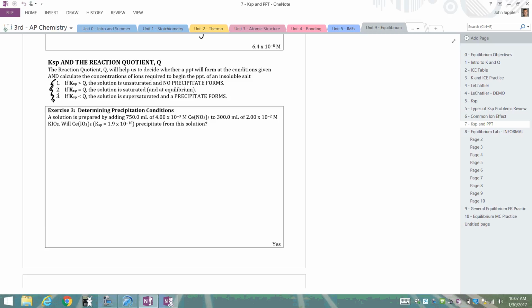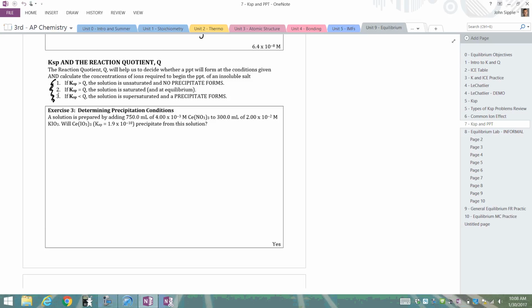Okay, so if we look at this first example, we've got a solution prepared by adding 715 milliliters of 4 times 10 to the minus 3 molar cesium nitrate to 300 milliliters of 2 times 10 to the minus 2 molar potassium iodate. Will cesium iodate precipitate from the solution?